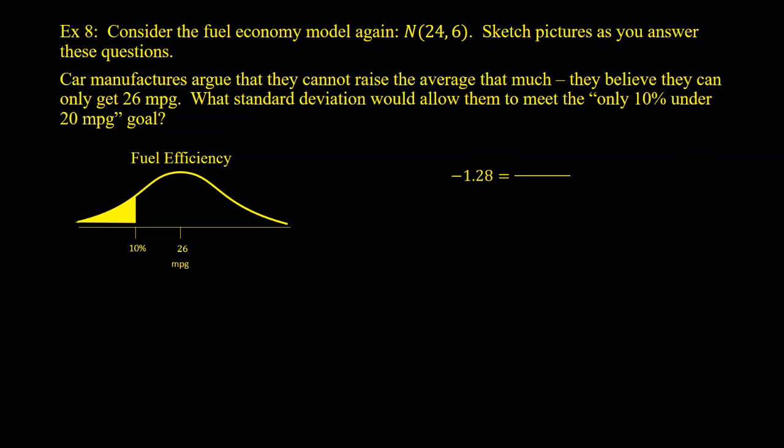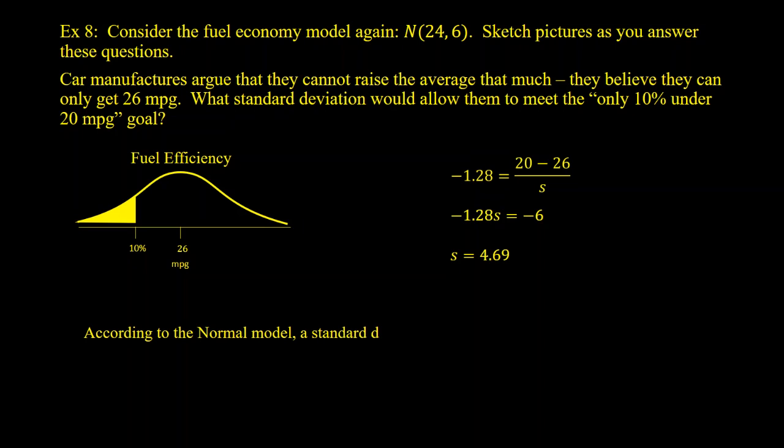So negative 1.28 equals (20 minus 26) over s, because now the unknown is the standard deviation. So I multiply by s, negative 1.28s equals negative 6, divide by negative 1.28. So s equals 4.69. According to the normal model, a standard deviation of 4.69 miles per gallon with a mean of 26 miles per gallon would be required to meet the goal.